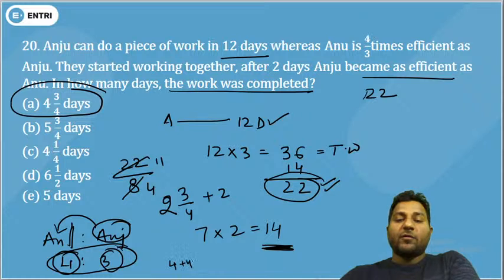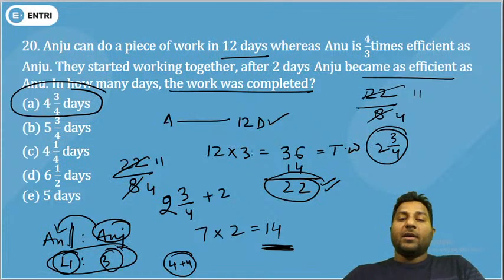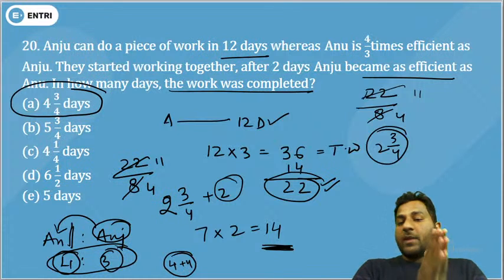That means 4 plus 4 equals 8, so you will divide it by 8. That means 4 2s are 8, 3 by 4, taken by Anu and Anju to complete the remaining work. But the first 2 days have already been spent. That means the total work will be completed in 4 whole 3 by 4.